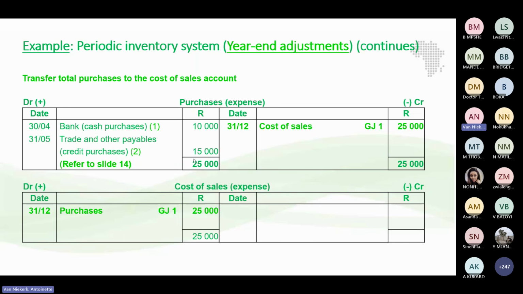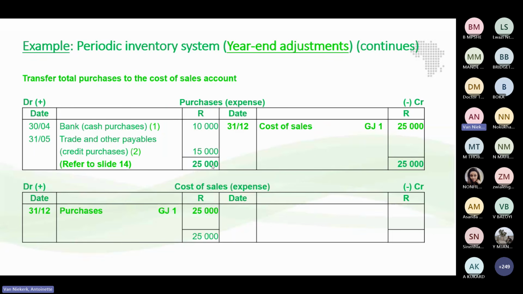Now they are saying, like I said, you transfer the total purchases, and the total of the purchases so far is 25,000 Rand on your debit side. So to take this amount out, you have to credit it against cost of sales. So you credit 25,000 Rand. You have a balance of 25,000 Rand on your credit side, which means it balances out.